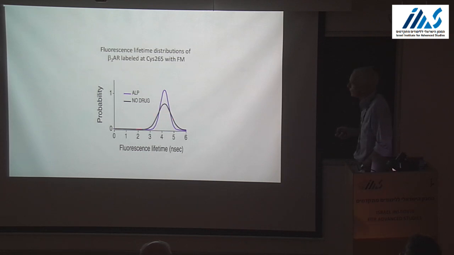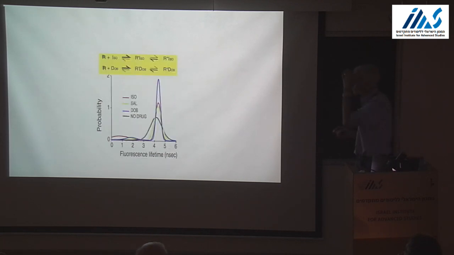But in this case, we had a single lifetime in the absence of drug. In the presence of a neutral antagonist, it looked like we were creating a more uniform distribution, but it was essentially the same lifetime. Now, we then added 3 different agonists. So isoproterenol is a full agonist, salbutamol is a partial agonist, and dobutamine is a partial agonist.